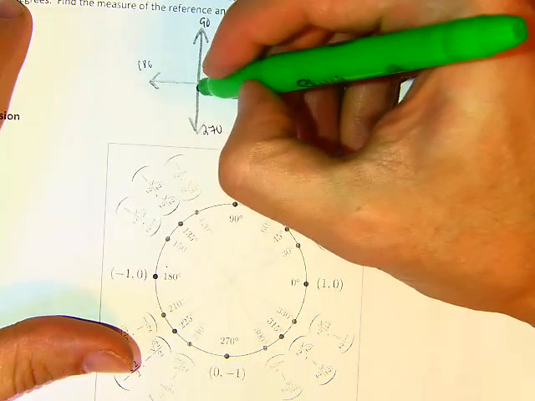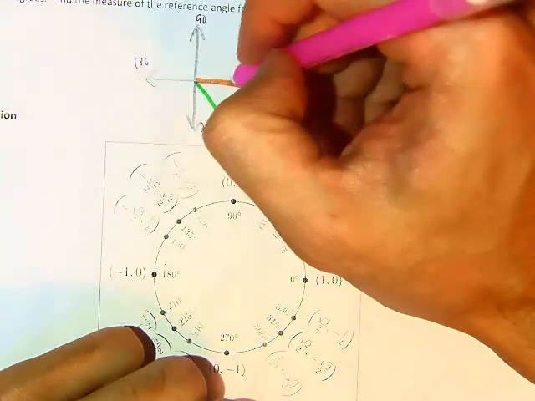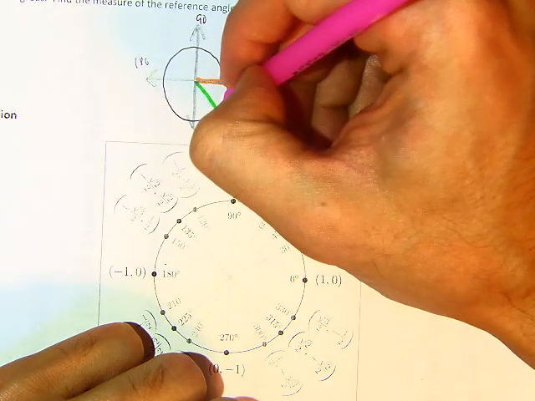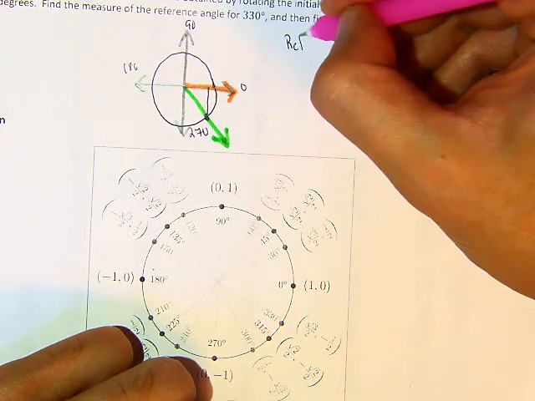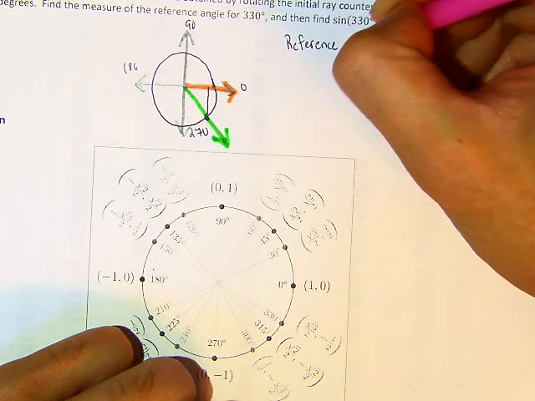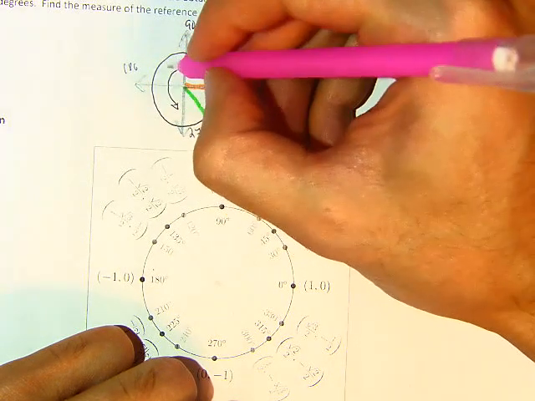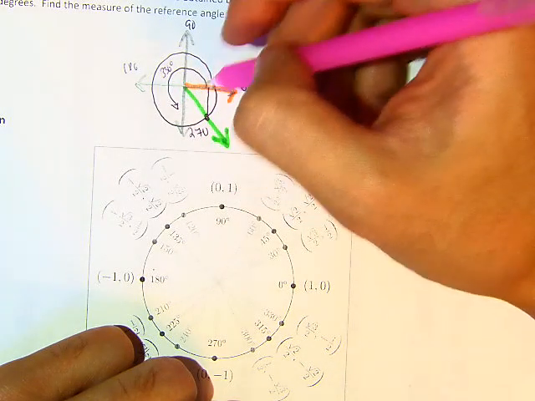So I'm just going to draw the terminal ray somewhere over here, and now we draw our circle. We take the point, drop it down, and now we want to find the reference angle. Remember that this whole entire rotation is 330 degrees.